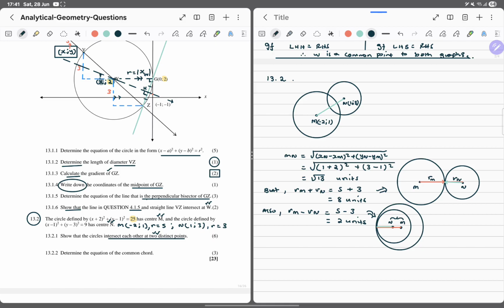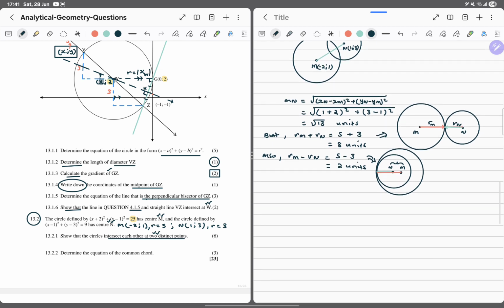internally at one point. Now we can say, therefore, MN is less than the sum of the radii, but greater than the difference of the radii.